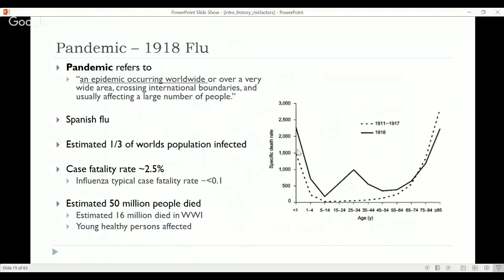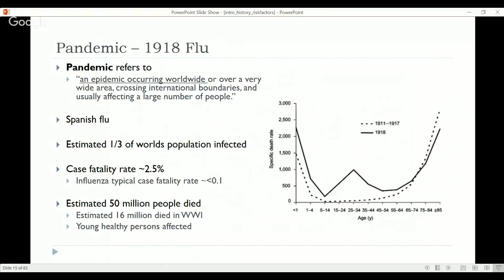With the 1918 flu, however, there's this peak in the middle, and this is why people get so concerned about swine flu and bird flu, because you see that young, healthy people actually have high fatality rates. So for 25 to 34-year-olds, there's a peak here, which is unusual for most years of flu.